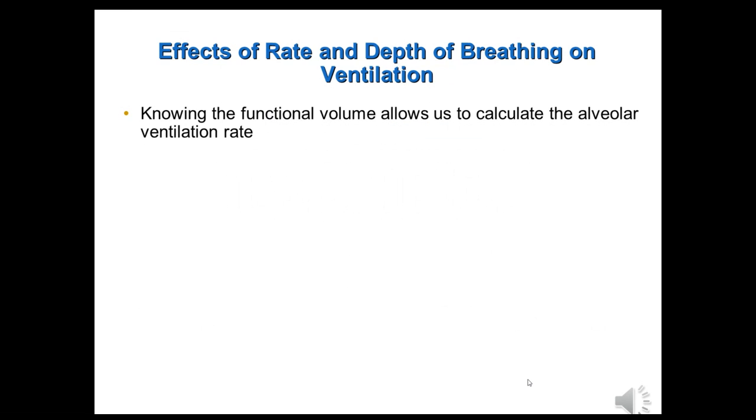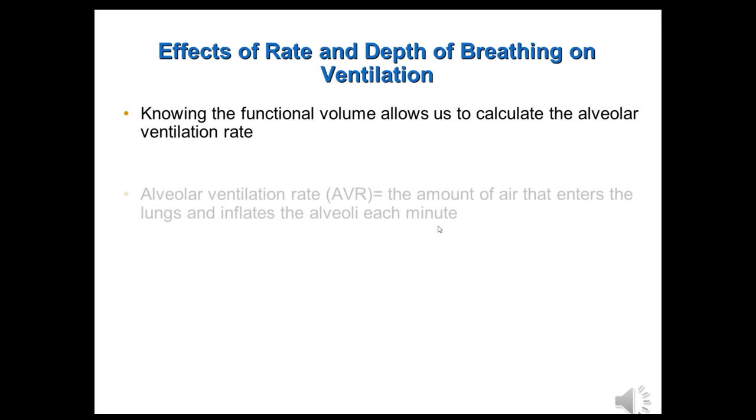However, what really is going to determine the amount of air that's available for gas exchange is how much air makes it to the respiratory zone over time, right? So if we can get our functional volume, that allows us to also calculate our alveolar ventilation rate, all right?